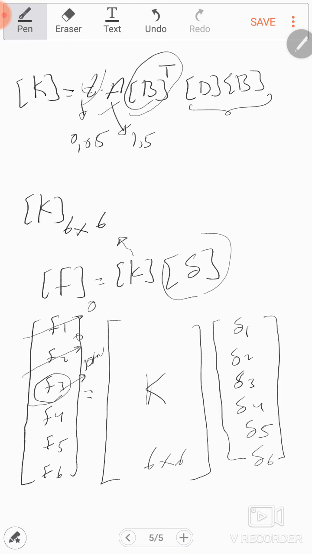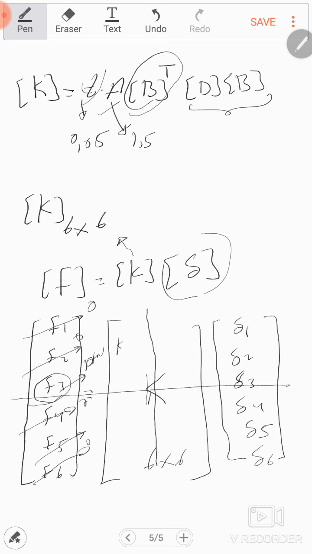The other forces are 0, no need to calculate. Then I can divide the matrix into 4 parts like this to make it easy for the solution.